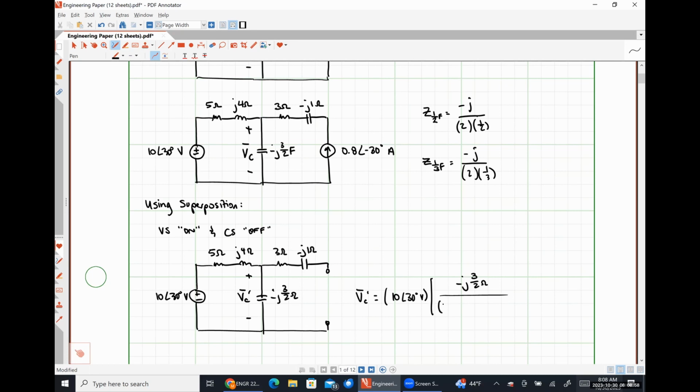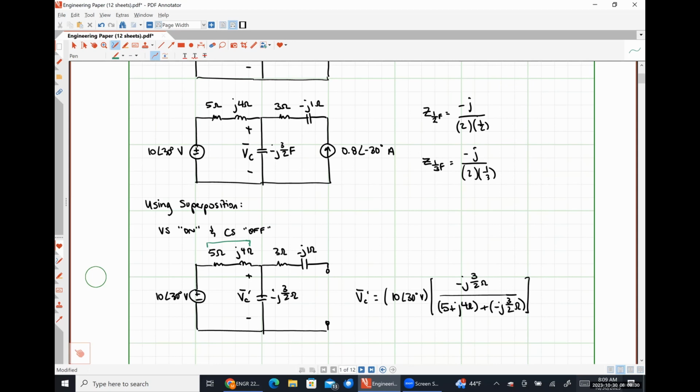So I first see a total impedance of 5 plus J4 ohms. And then I add to that negative J 3/2 of an ohm. Okay. So really what I'm doing here, and it doesn't particularly matter, but it's a good habit to do, is lumping these two together as a single equivalent impedance that is just 5 plus J4 ohms overall, right?